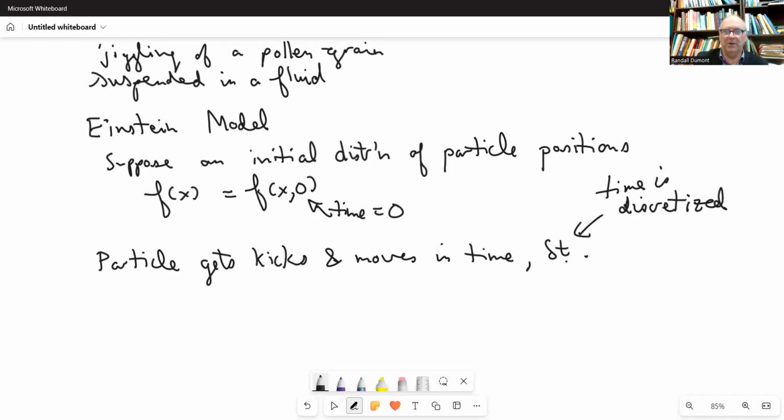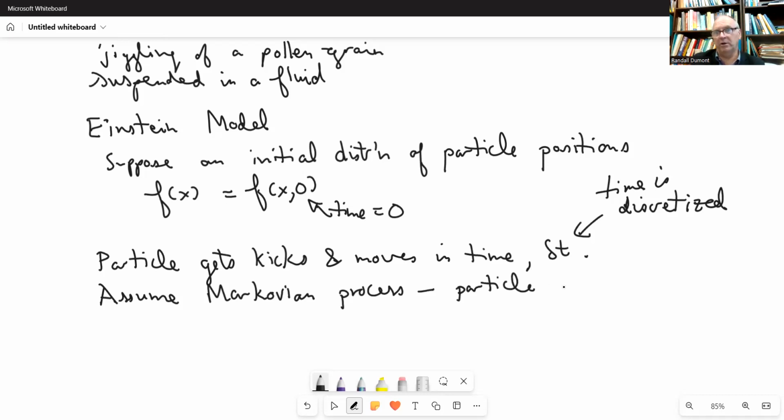So we consider a time step delta t, and then the particle will move, and the question is, where did it go? And so we assume, so this is one main assumption, a Markovian process, which means the particle motion depends only on where the particle is.